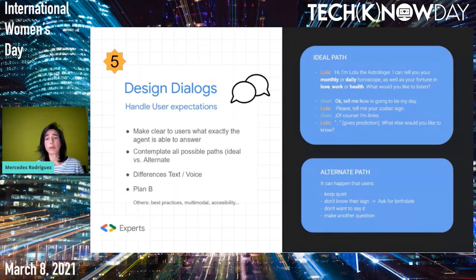Most of the time, the problem is that if the agent is trained with just short phrases, when it comes to voice, when we talk, we form complete and longer sentences. So that can be a problem if the agent is not trained properly for that.